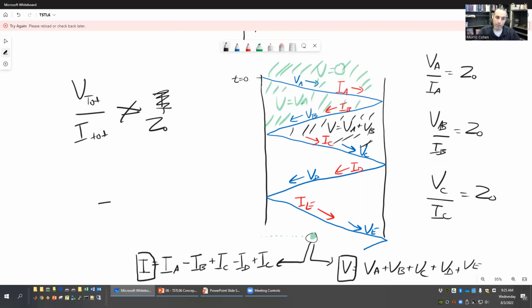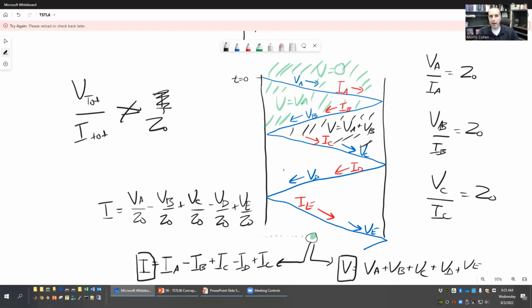Right? I can rewrite this current equation as follows: I equals VA over Z0 minus VB over Z0 plus VC over Z0 minus VD over Z0 plus VE over Z0.